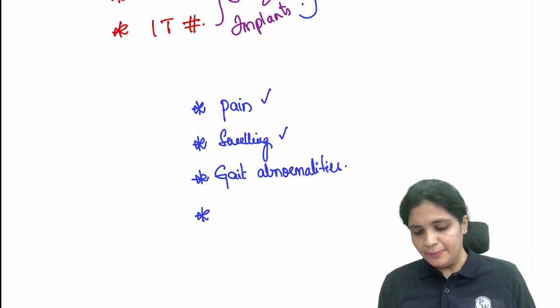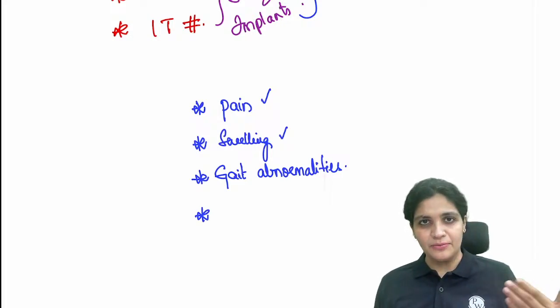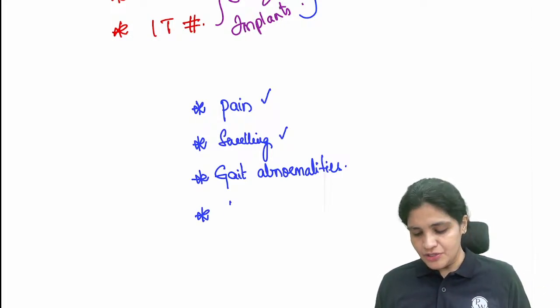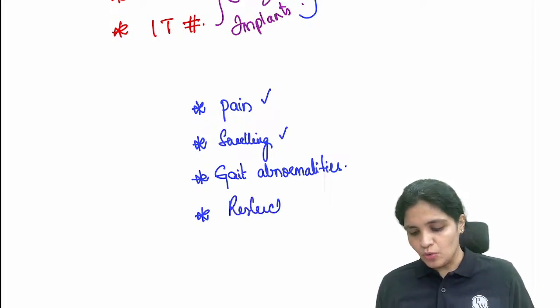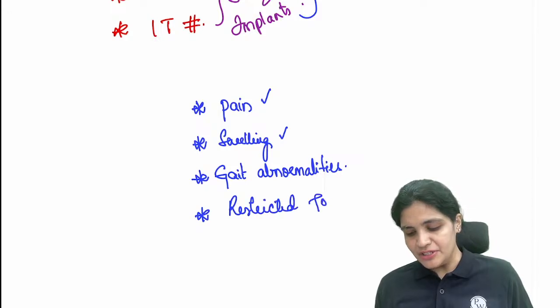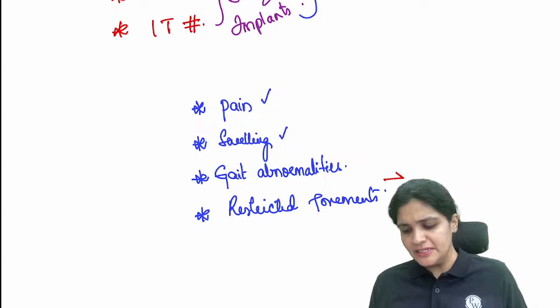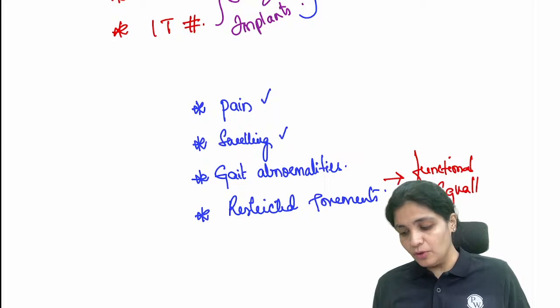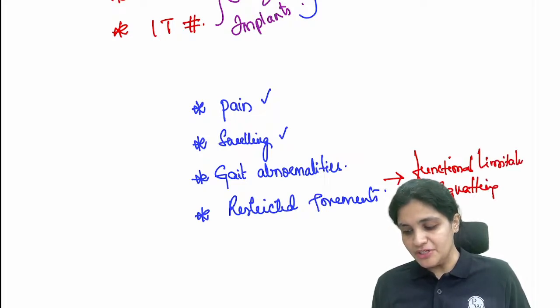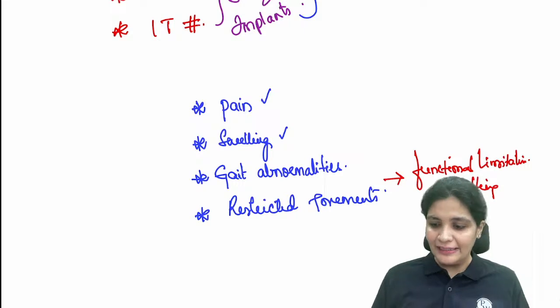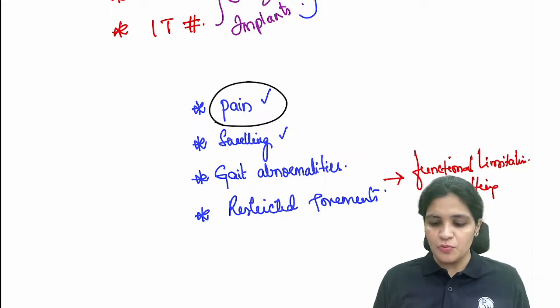These are usually the complaints of patients with hip joint problems. They will complain about functional disability, as we keep discussing. Whenever there are deformities, there are certain functional limitations, such as the patient cannot squat properly and cannot sit on the floor properly. So the first and foremost would be the pain.